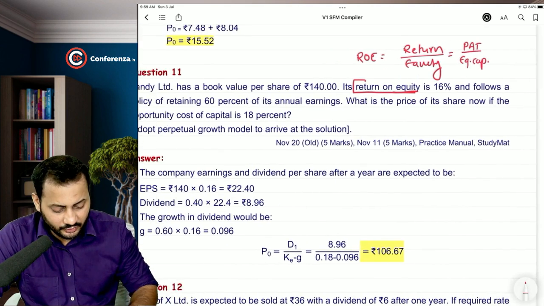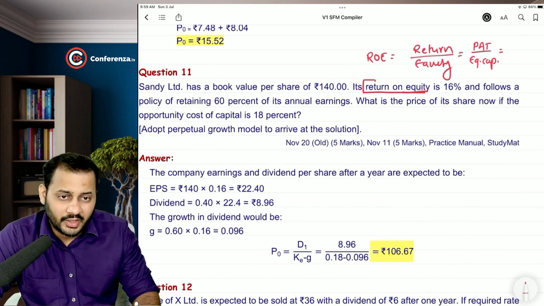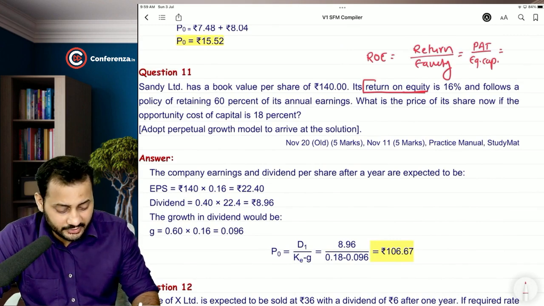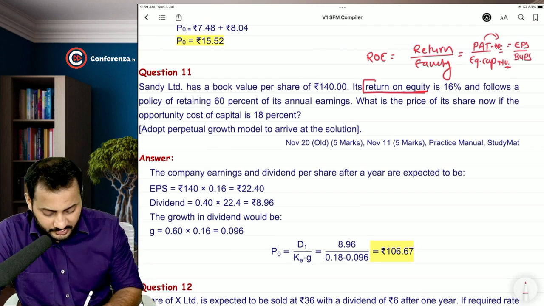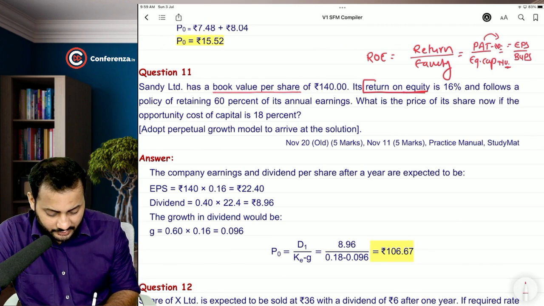This is in total, but if you want to calculate the same on a per share basis, divide the profit after tax by the number of shares, which gives you EPS, and divide equity capital by the number of shares, which gives you book value per share.